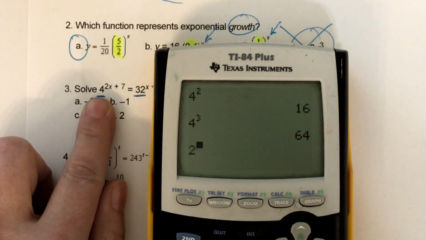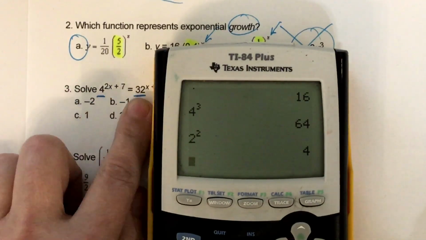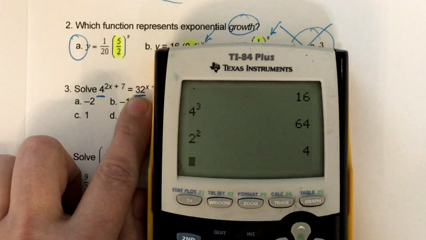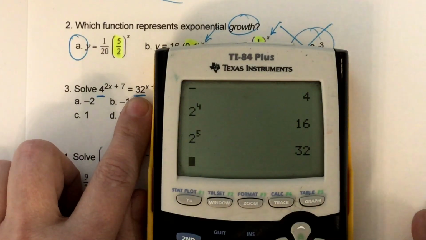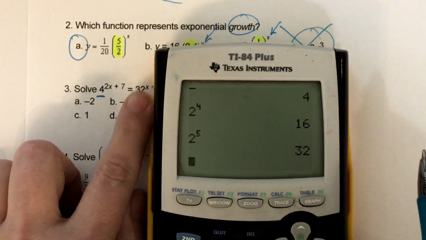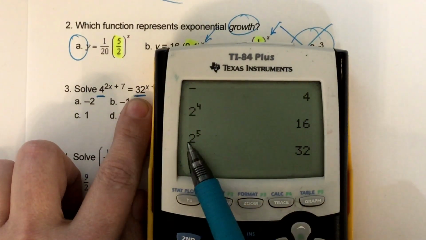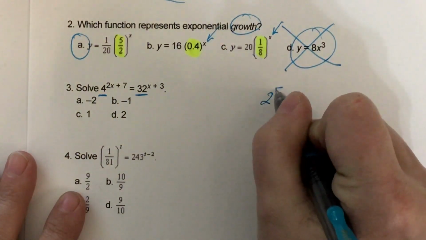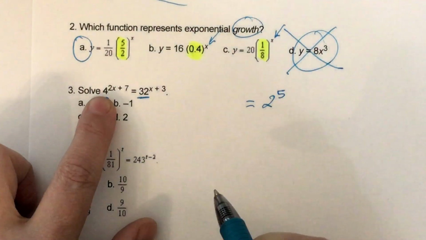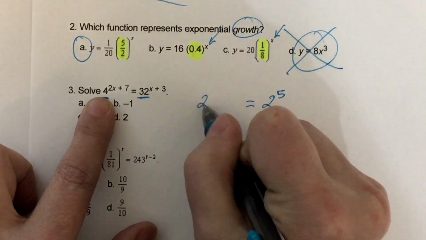So we have to figure out a different base. Well, I know that 4 is 2 squared. Could I get 32 out of a 2? So play around. 2 to the 4th, not big enough. 2 to the 5th, bingo. So I'm going to write these with a base of 2. This 32, I'm going to rewrite as 2 to the 5th, and this 4, I'm going to write as 2 squared.